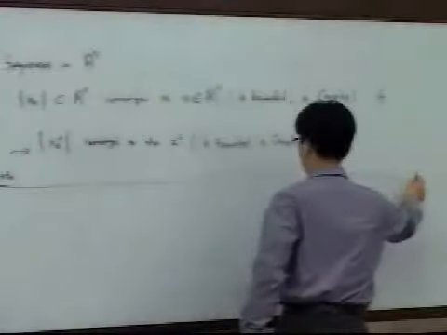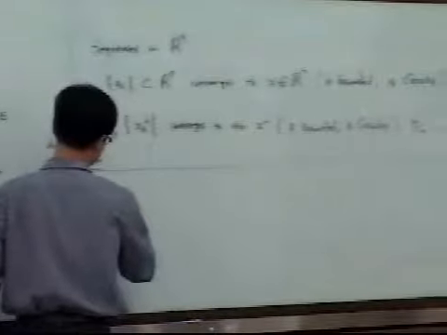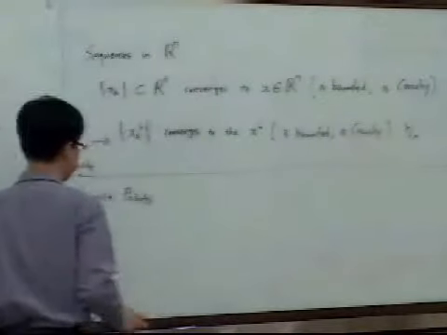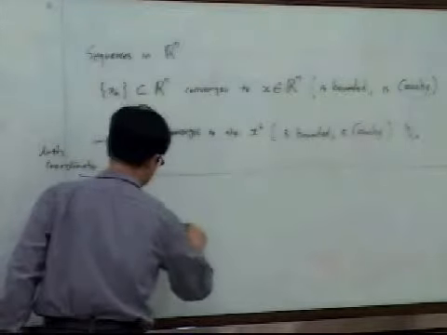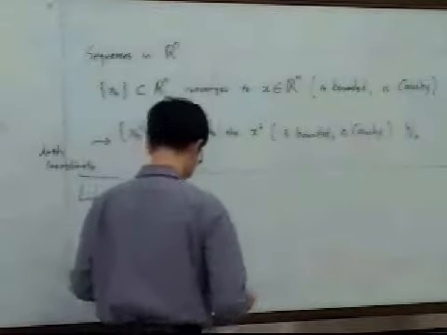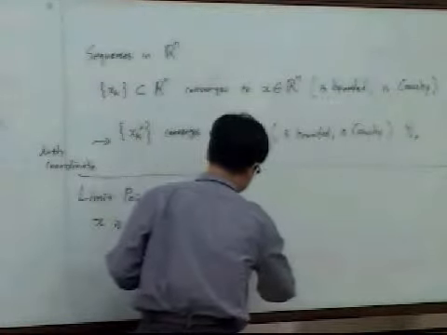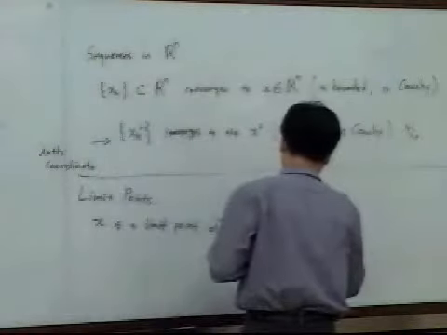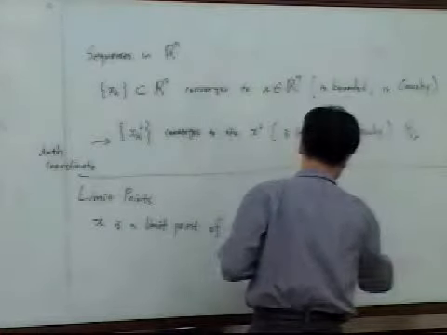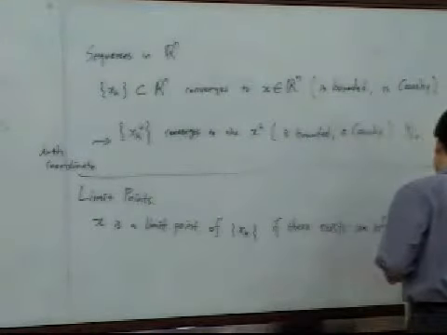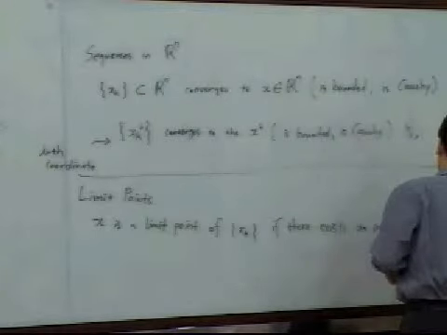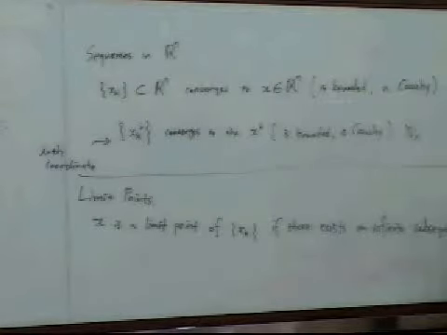Another definition is limit points. x is a limit point of a sequence x_k if there exists a subsequence of x_k that converges to x.